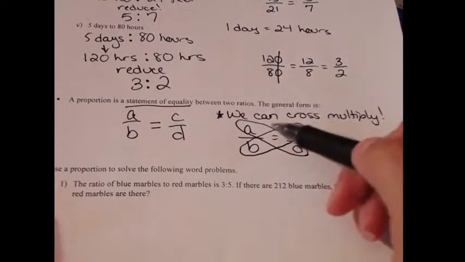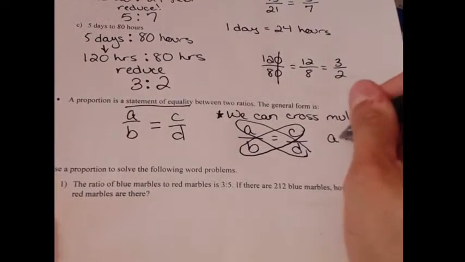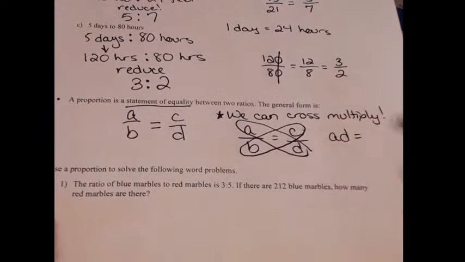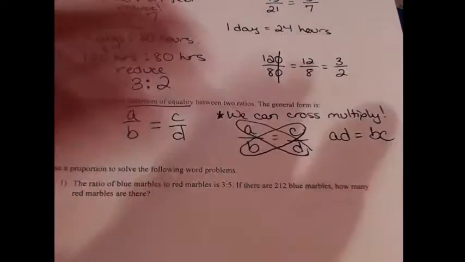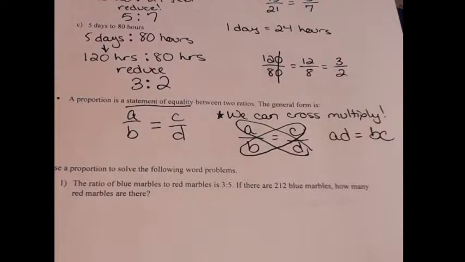So essentially what you would have is A times D is equal to, and then you multiply the other side, B times C. Now the location of those products doesn't matter. It could be B times C equals A times D. But for the sake of simplicity, I simply wrote A times D is equal to B times C.